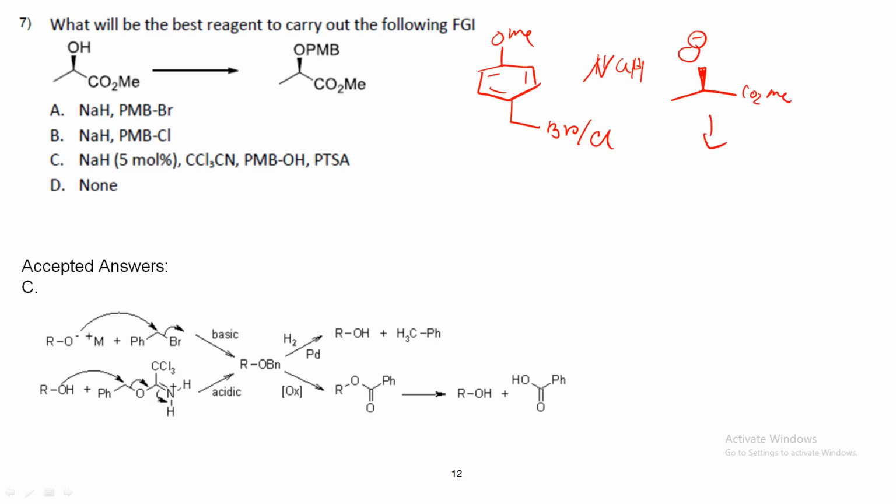It's the bromide version, chloride version, anything you can use to do the PMB protection, well-known chemistry. So for PMB protection, this particular reaction condition is generally used. So if that happens, we can generate this for A case and B case.